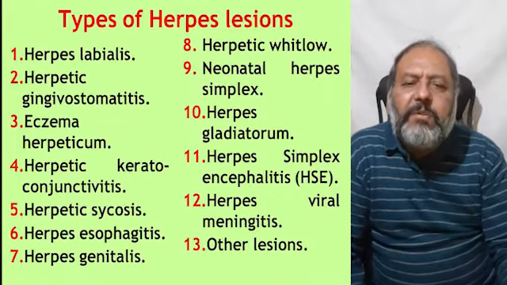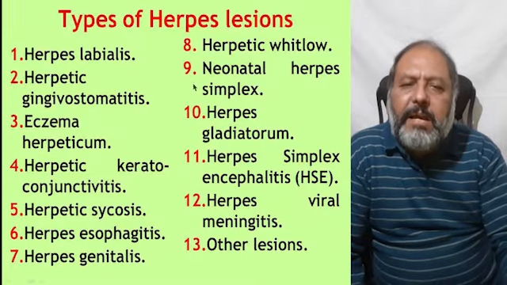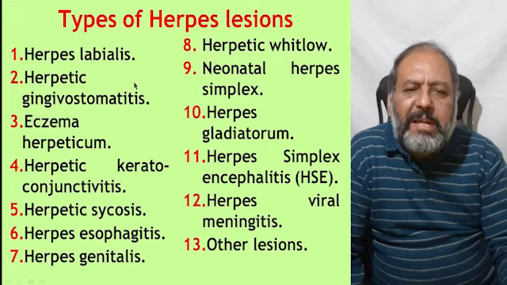Now, there are different types of herpes lesions. There are 13 types of herpes lesions seen with herpes simplex virus.